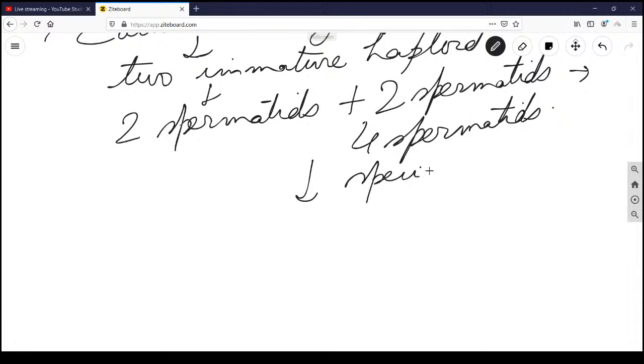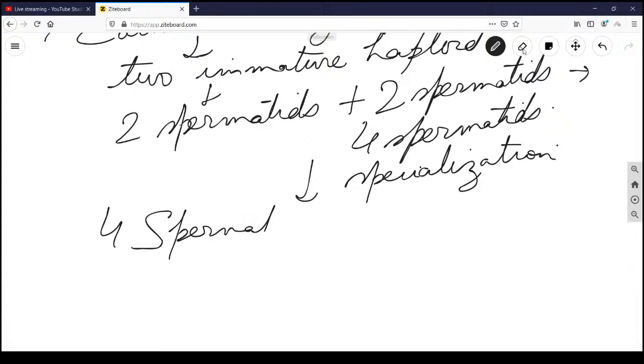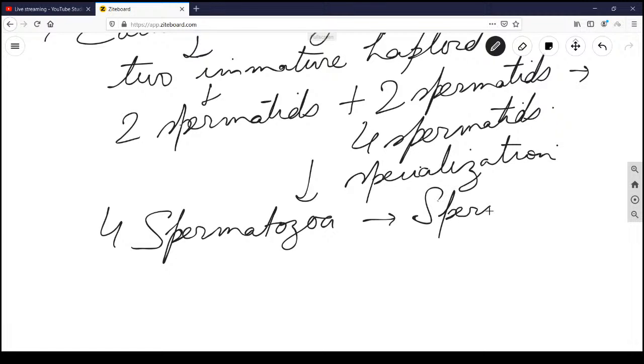So they'll undergo specialization to become four spermatozoa. The singular is spermatozoon. Many times people are not aware of this singular form.